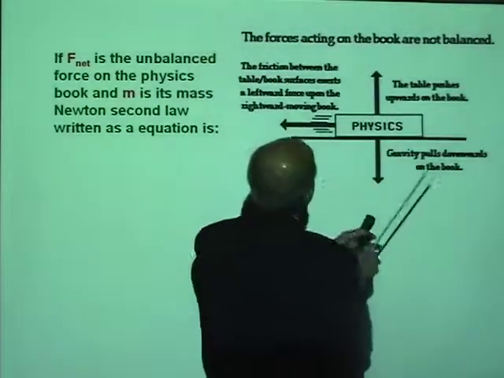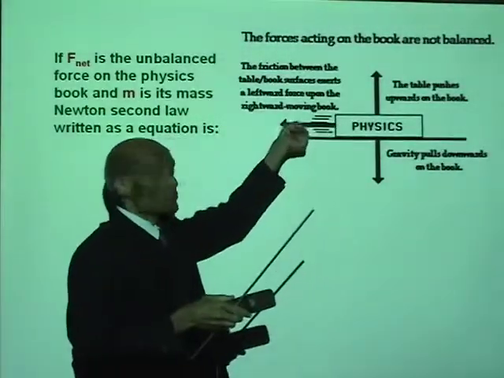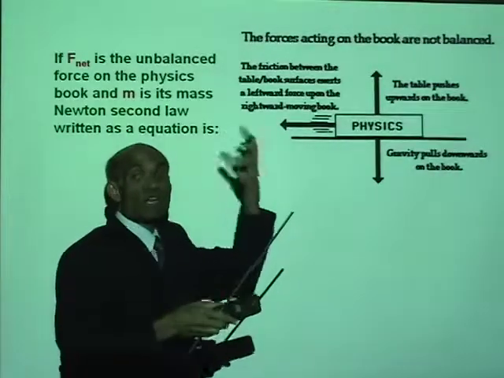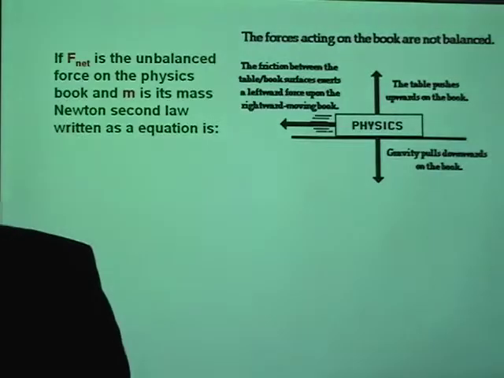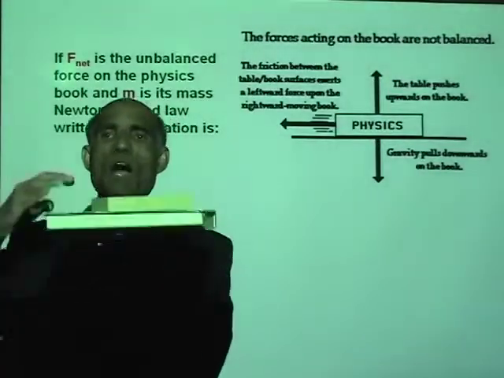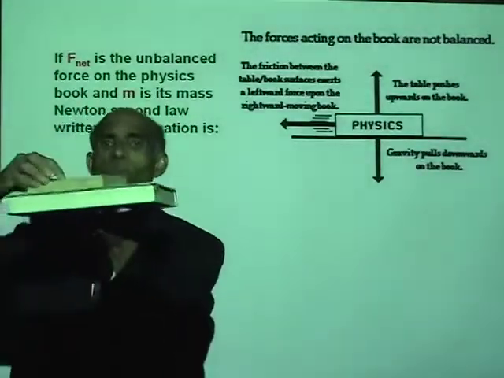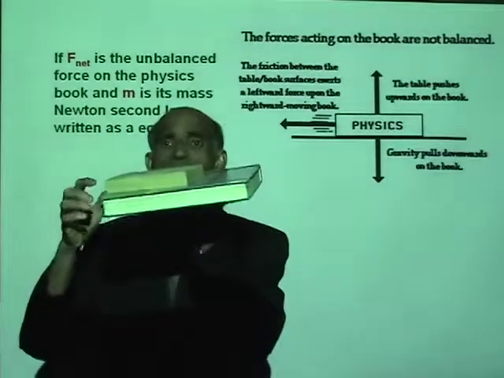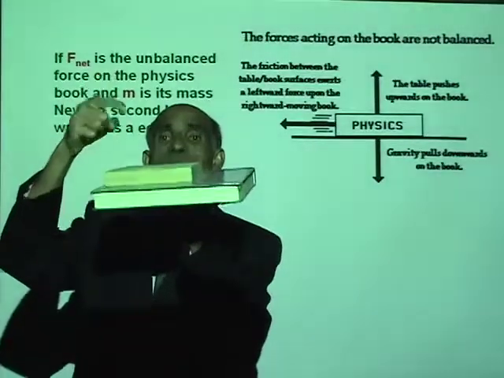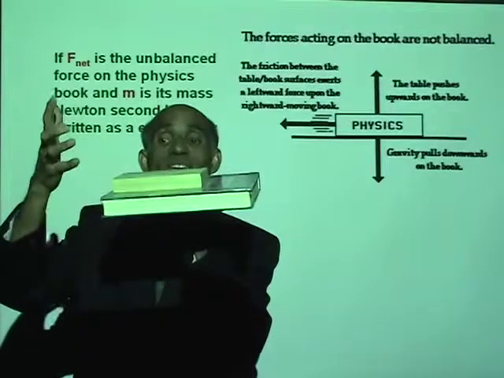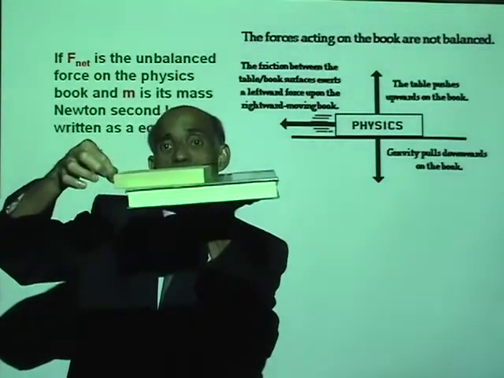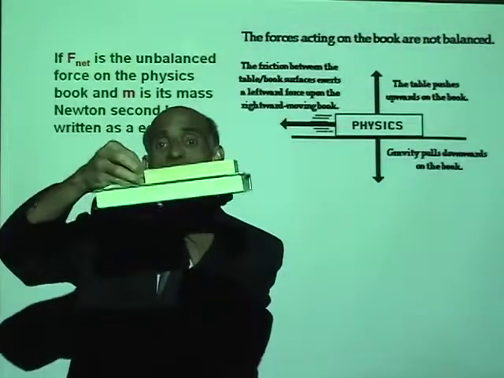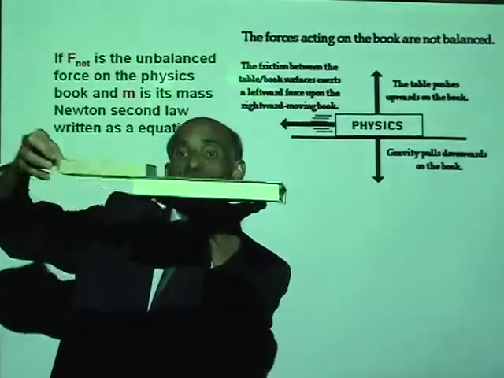But I'm now going to pull the book horizontally with a force, giving it an acceleration. Just like now, here I have the block sitting on the book. There is no unbalanced force on it now. But what happens when I pull it to the right? You can see the unbalanced force I'm producing on the block is producing an acceleration.